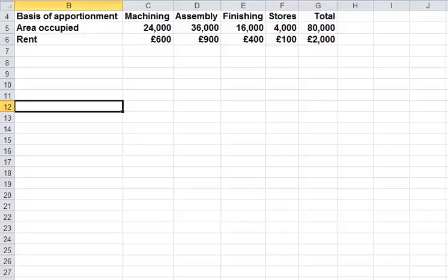We need to work out which department should pay more of this bill and which should pay less, and what's the basis. So we need a basis for apportionment, and in this case it is the area occupied. We could use different bases for apportionment, and we'll give an example later of a different basis, but for the moment we'll take area occupied.